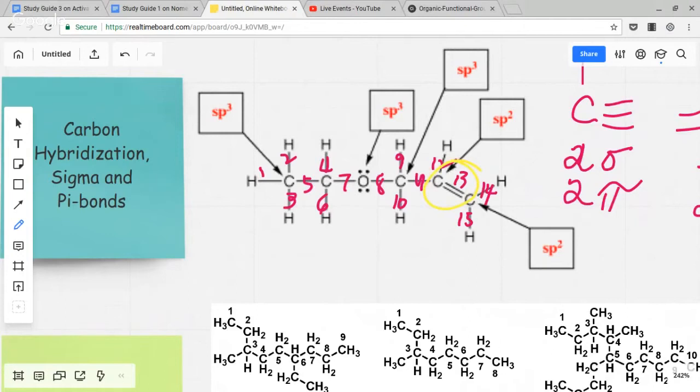So how many? Male. Okay, just one. You're correct, Male. You get only one pi bond because there's just one multiple bond in your compound. So a total of 15 sigma and one pi bond in your compound.